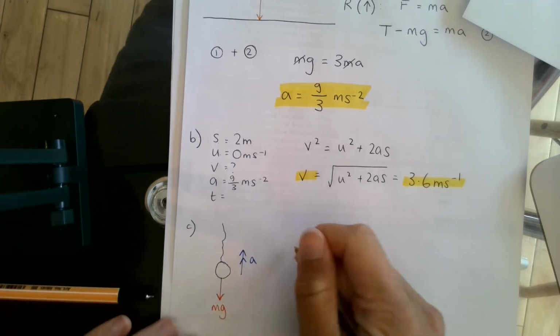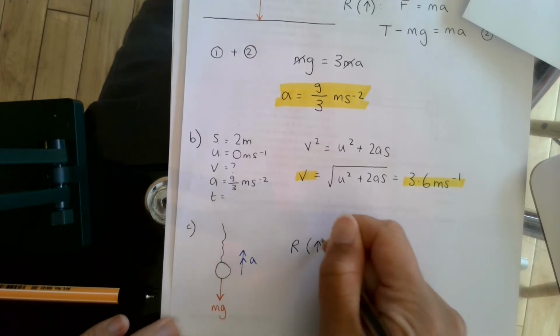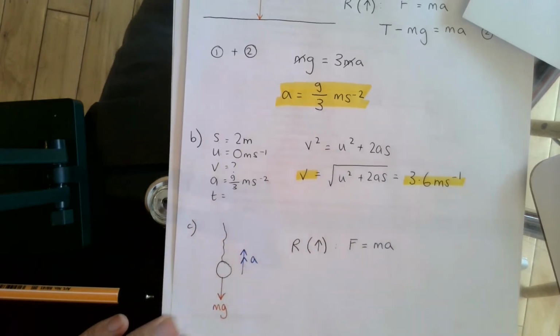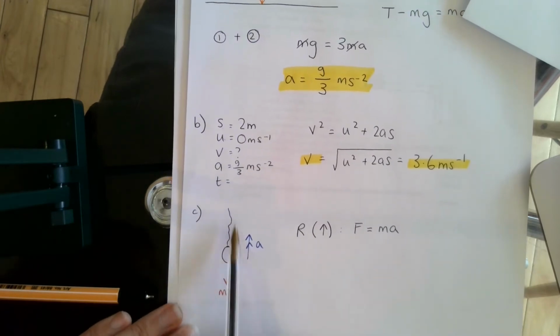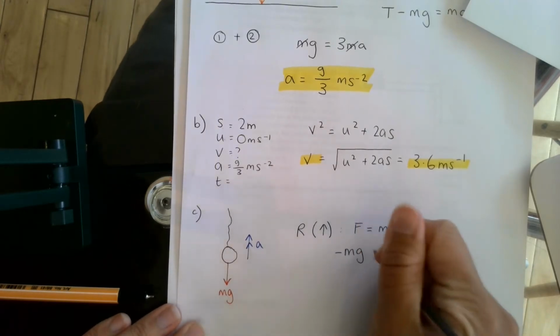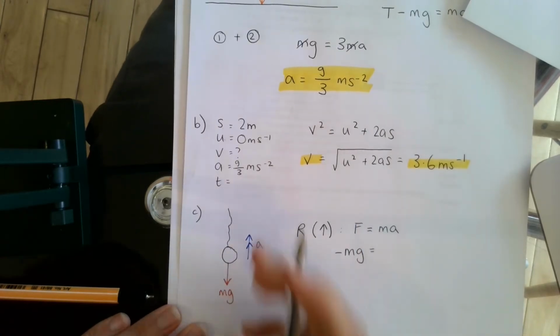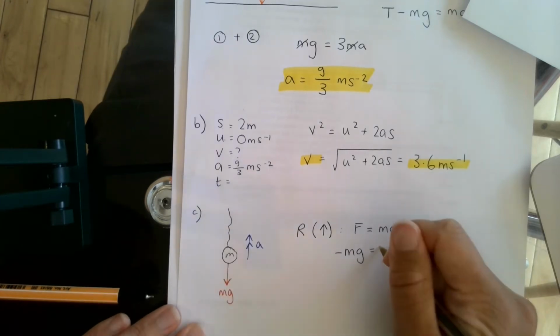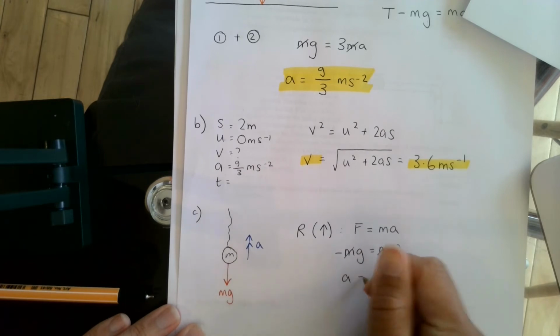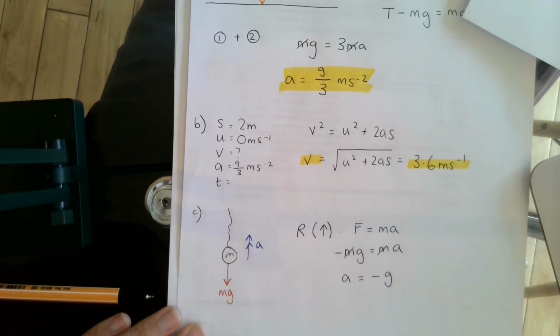So I'm going to do that by resolving upwards again. I know that the resultant force will be equal to the mass times the acceleration. Well, upwards, I've got nothing, just minus mg, because that's acting downwards. So minus mg is equal to the mass, which is m, times the acceleration. Cancel those m's out. I know that the acceleration is just equal to minus g now.